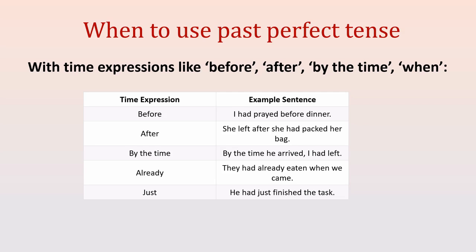So past perfect tense. By the time: By the time he arrived, I had left. So these are some expressions with which we always use past perfect tenses. They had already eaten when we came. He had just finished the task. In this also we have seen the sequence of the actions.